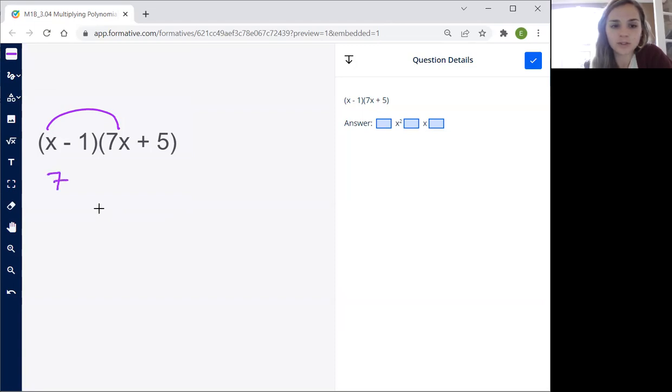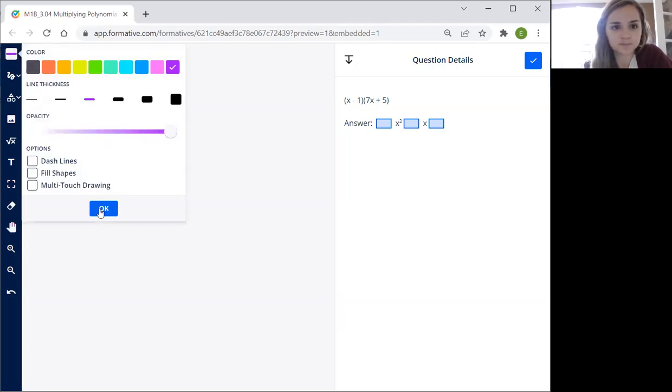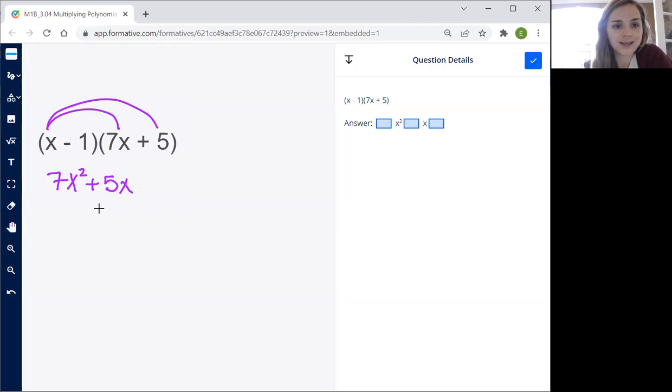And then 1 plus 1 is x squared, or to the power of 2. Then we want to distribute the x to the 5, which is plus 5x. Then we can distribute the -1. Make sure you take the sign with it. So -1 times 7x is -7x. And -1 times 5 is -5.